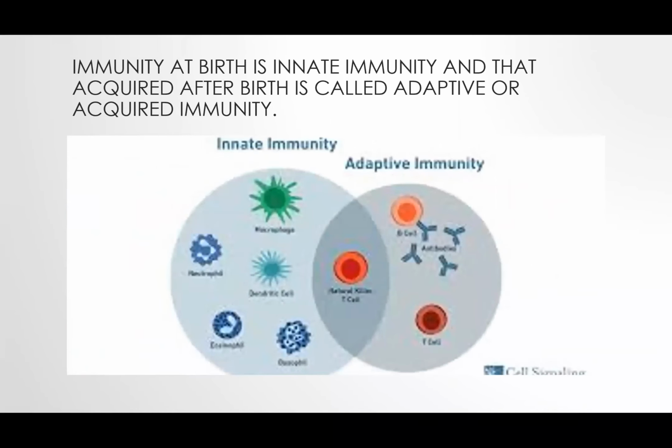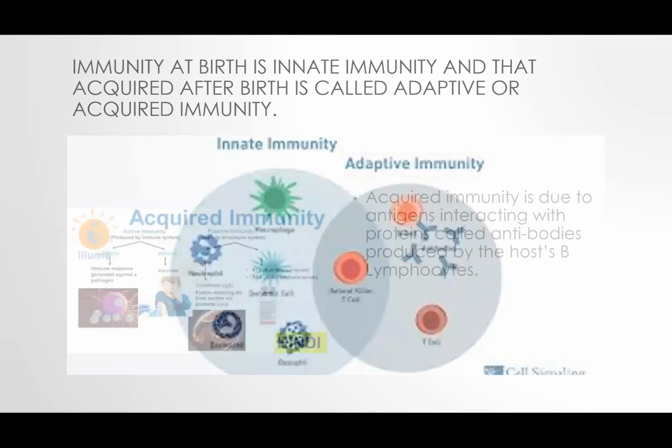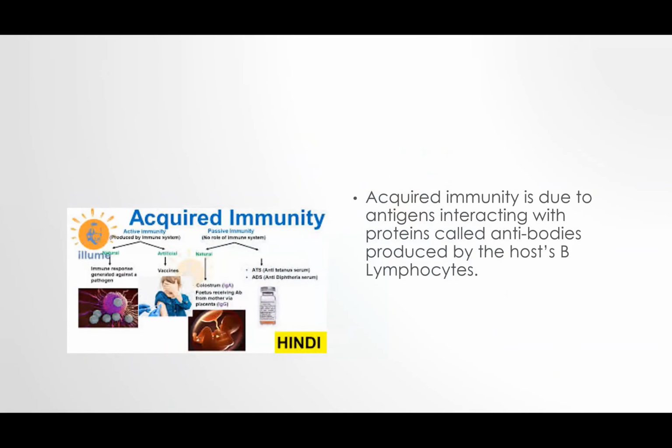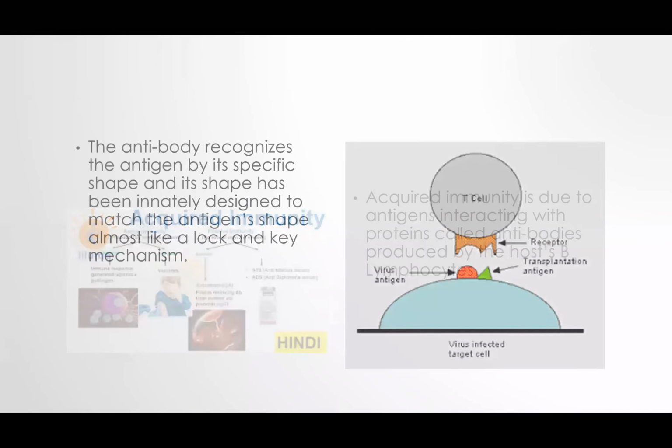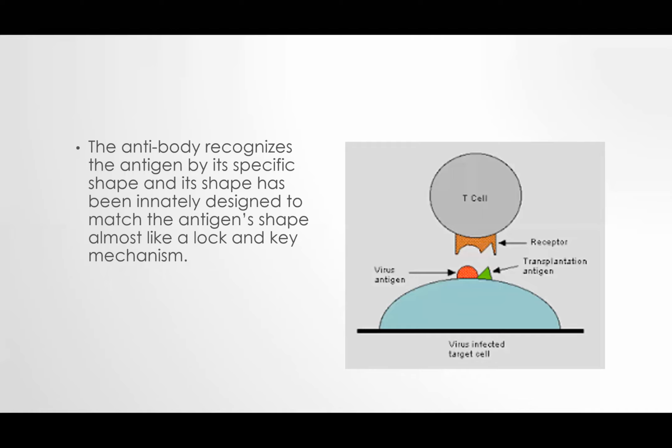Immunity at birth is innate immunity, and that acquired after birth is called adaptive or acquired immunity. Acquired immunity is due to antigens interacting with proteins called antibodies produced by the host B lymphocytes. The antibody recognizes the antigen by its specific shape, and its shape has been innately designed to match the antigen's shape, almost like a lock and key mechanism.